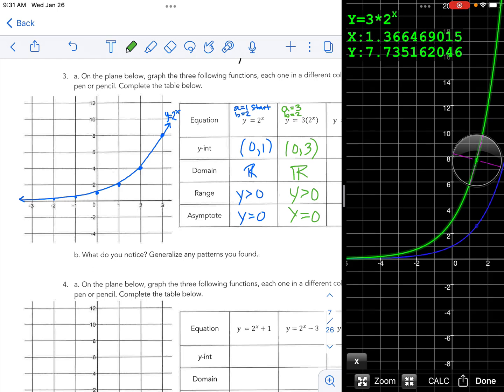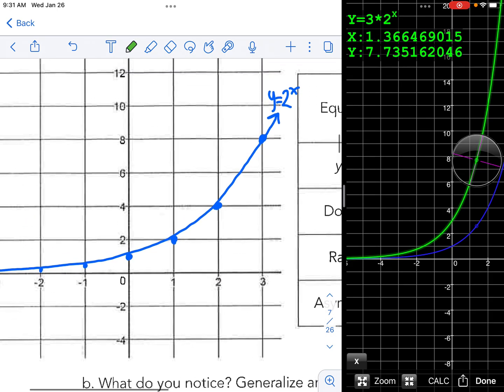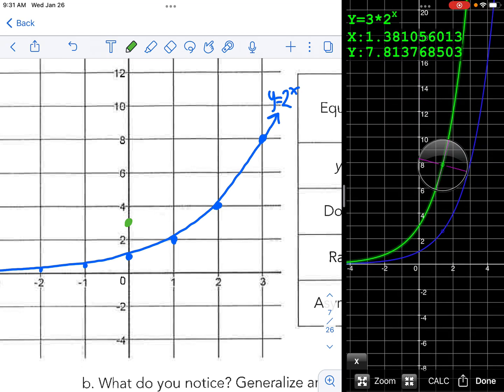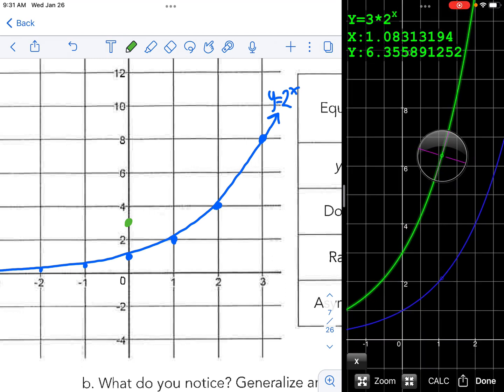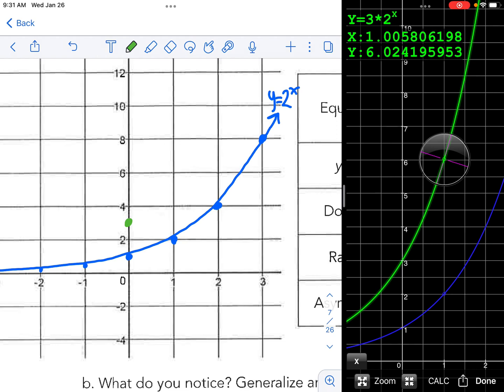Our intercept is now up at 3. So it's now up here at 3. And when x equals 1, y equals right there, right? When x equals 1, y equals 6. So think about that. That's 3 times 2 to the first power.